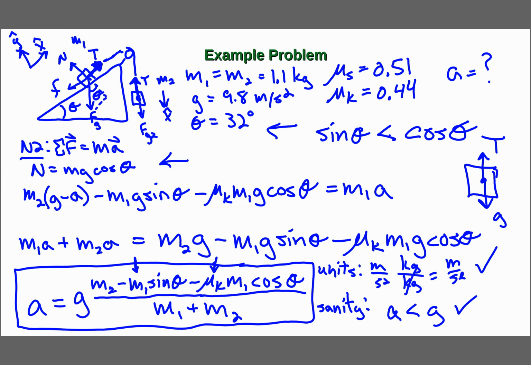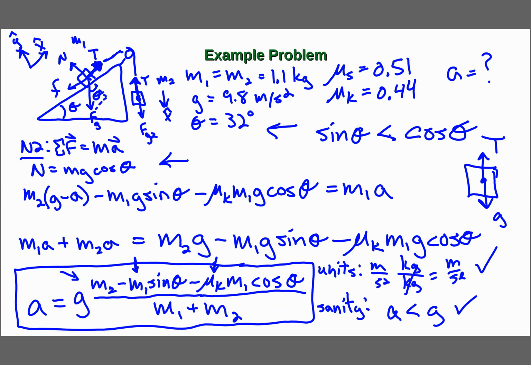Now, I think that's the only sanity check that we want to do right now. The masses are showing up in a lot of places, so I wouldn't ask you guys to necessarily check the masses on this. We are kind of checking the masses by just saying that A is less than G, because that's the reason that A is less than G is what happens with this fraction.